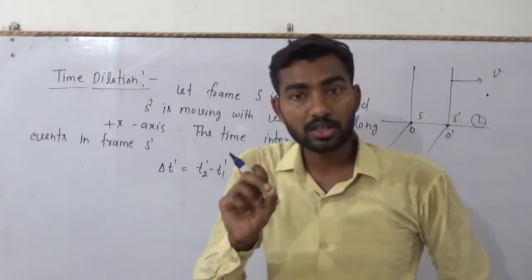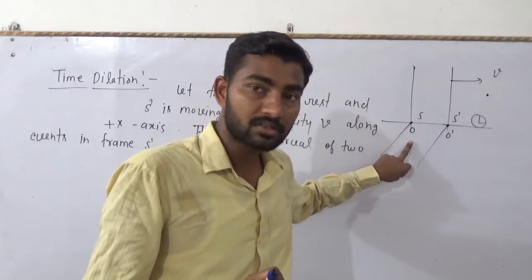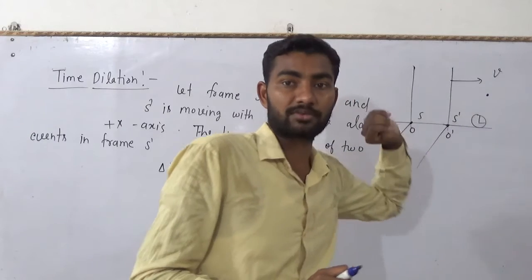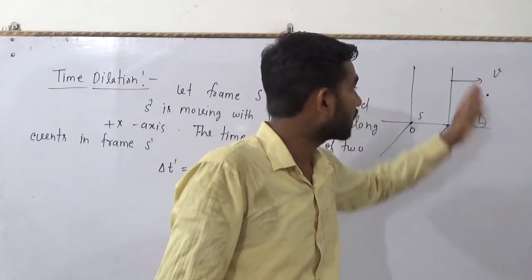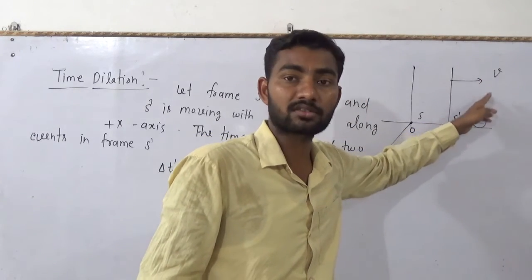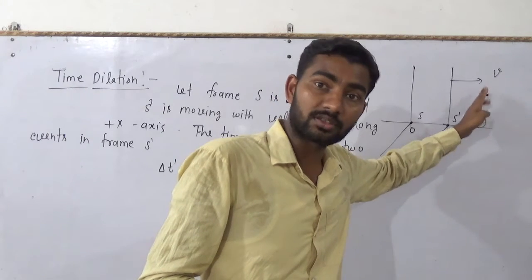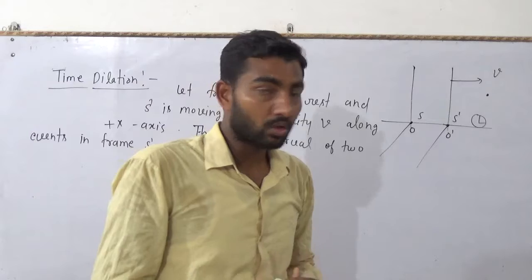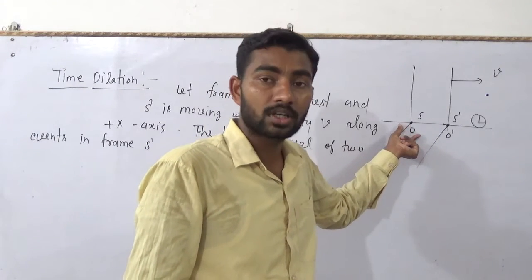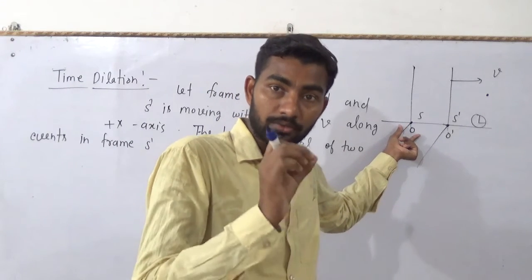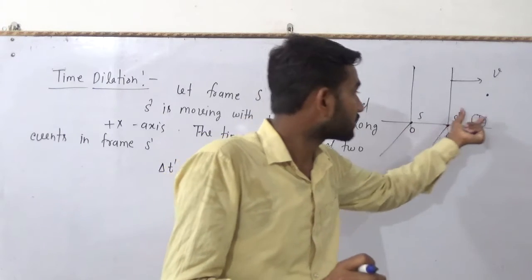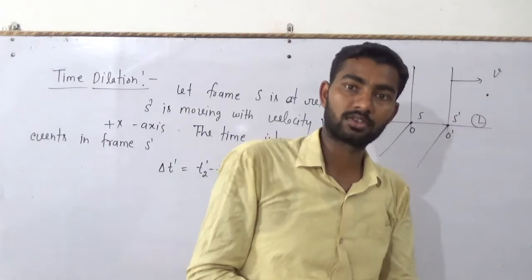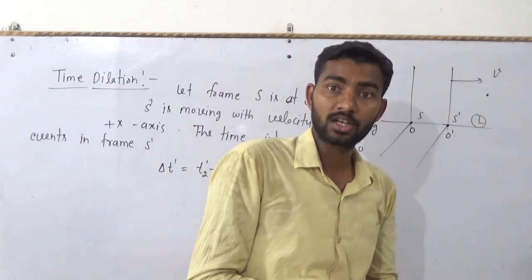As we have told you and written also, this frame is moving with uniform velocity v relative to frame of reference S. So the observer from frame S will observe this clock, or this frame of reference, in motion.